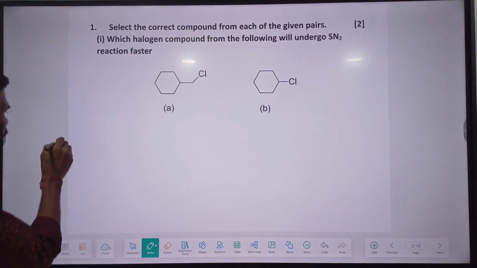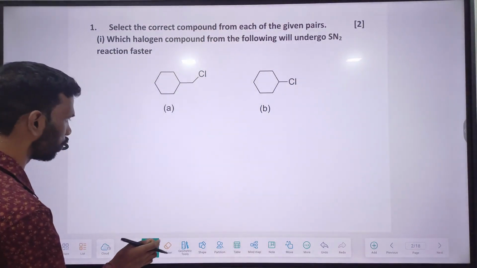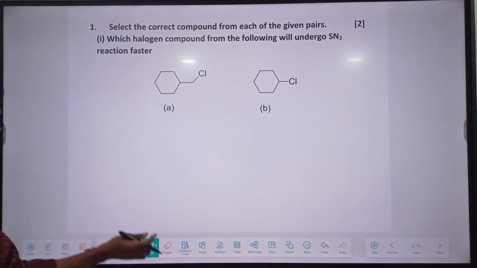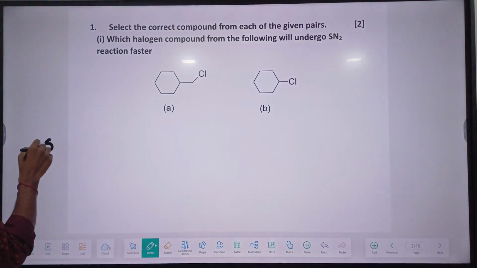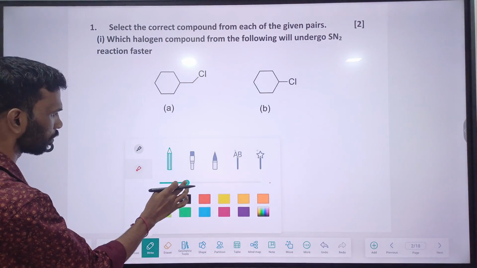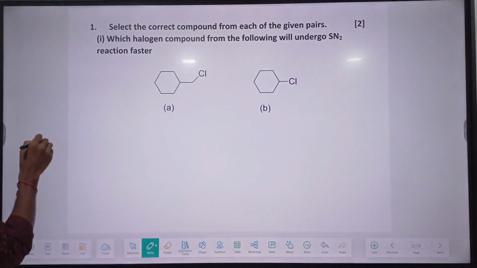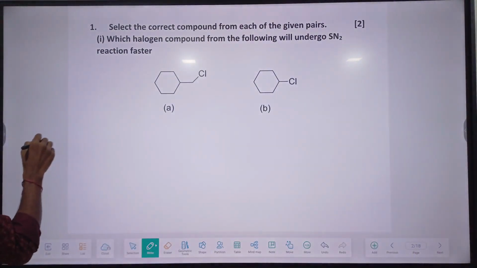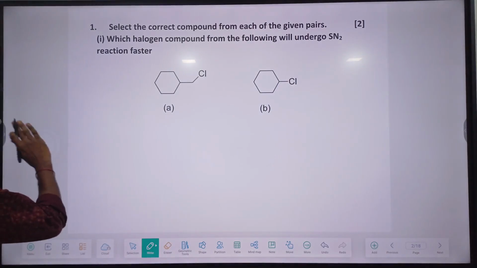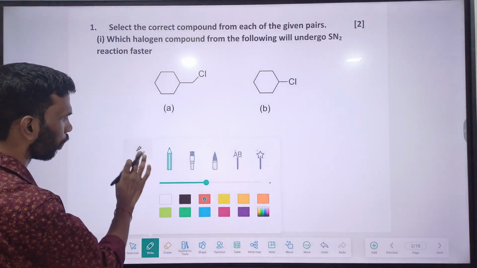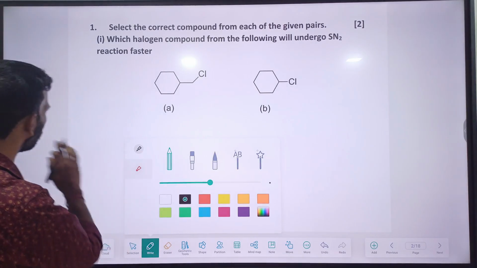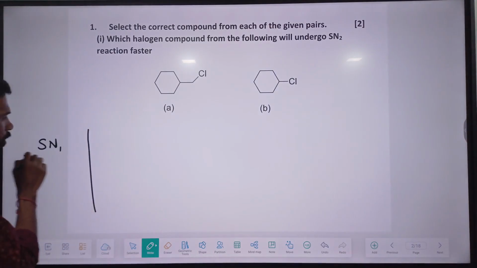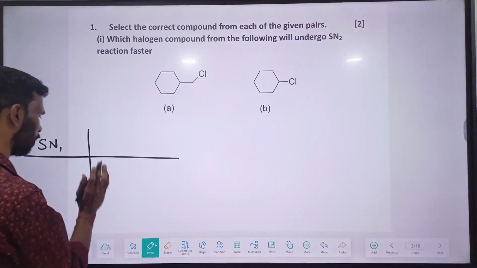So I'll write over here, this is SN1, so I will make this difference clear.